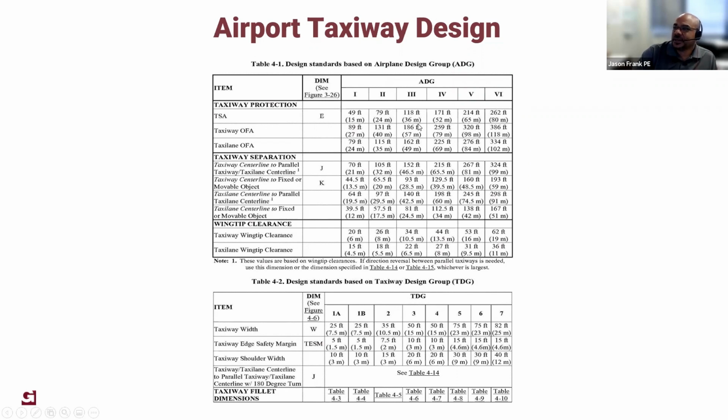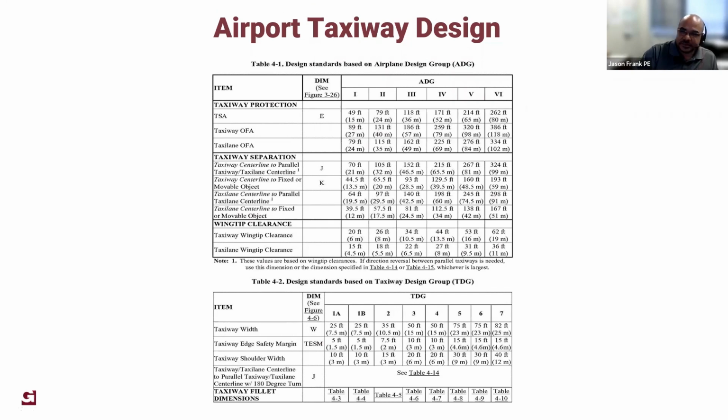There are different sizes of taxiway safety areas and different widths of taxiways, from the smaller groups, your 25 and 35-foot widths and 50-foot widths. These are mostly your general aviation airports, airports like Huntsville, airports like Sugar Land. Then you get into the larger groups, where you're going anywhere from 50 to 82 feet.